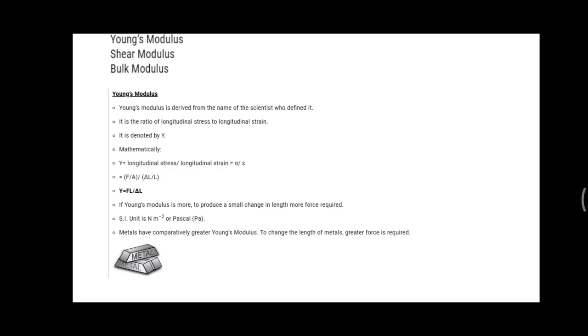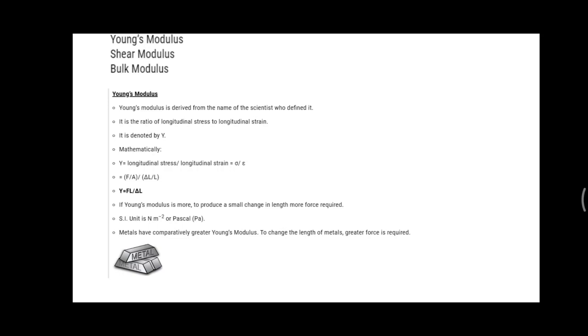As you know, the longitudinal stress is actually the restoring force per area, that is F by A. And the longitudinal strain is the variation in the length divided by the original length, that is the elongation occurred divided by its original length.